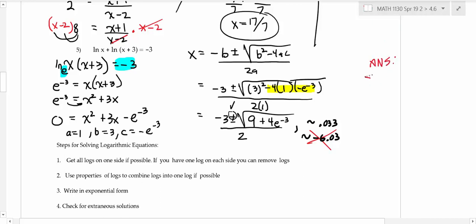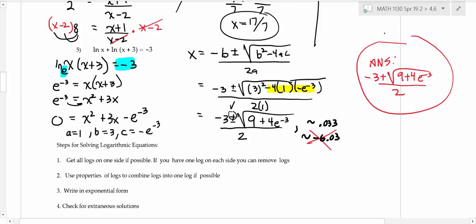Your final answer would be negative 3 plus the square root of 9 plus 4e to the negative 3, all over 2. That's it. Now all that was the quadratic formula, but you've got to be really careful about checking these problems. At least look for that you're not taking an ln of a negative. That's what it boils down to, so you can take that shortcut if you want to.